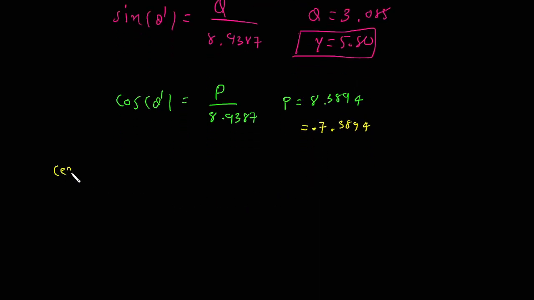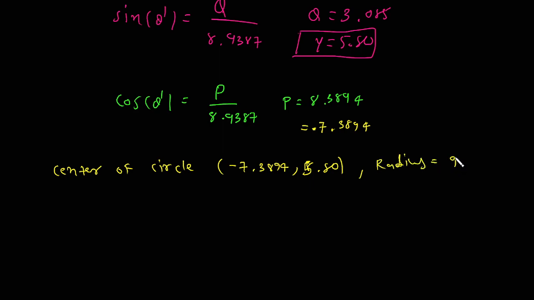So let's write the center of the circle. It is just minus 7.3894, and here the y coordinate is simply 5.80. So now we have found the center of the circle, and we also know the radius, which is simply 8.9387.